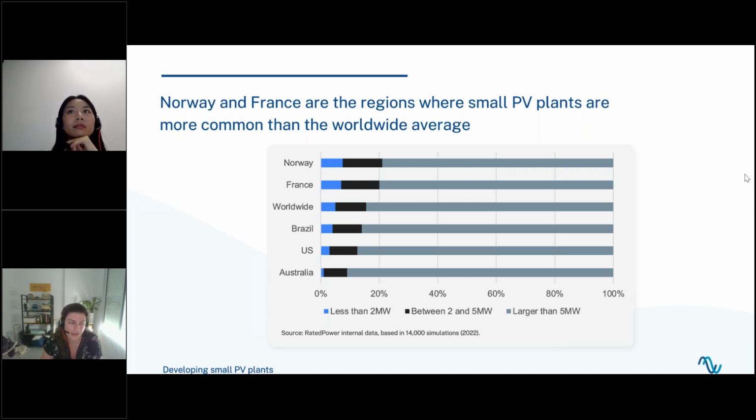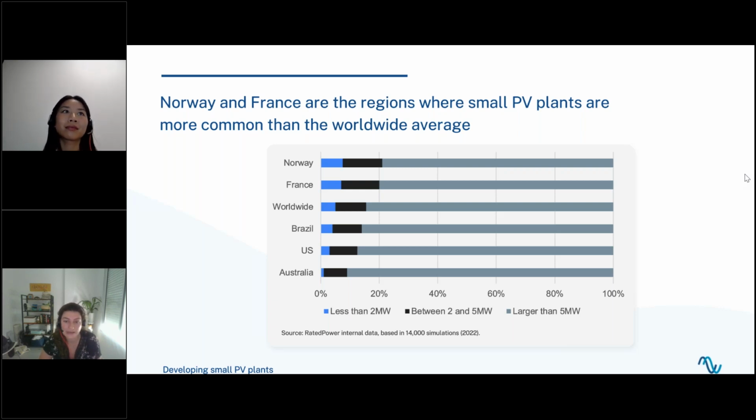And this was surprising because of more than 4,000 simulations worldwide only last year, 10.5% of the total were done in this range, which is huge because it's a very small range if you think about it, right? Other very common regions of development in pvDesign were from 15 to 50, of course, from 50 to 100 megawatts. Those are quite common, but having 10% from 2 to 5 megawatts, that's amazing.